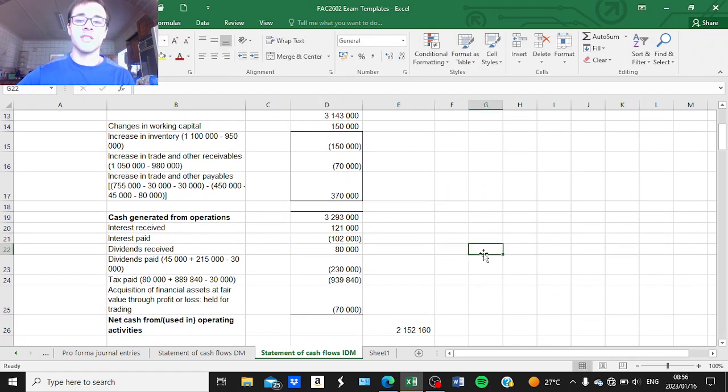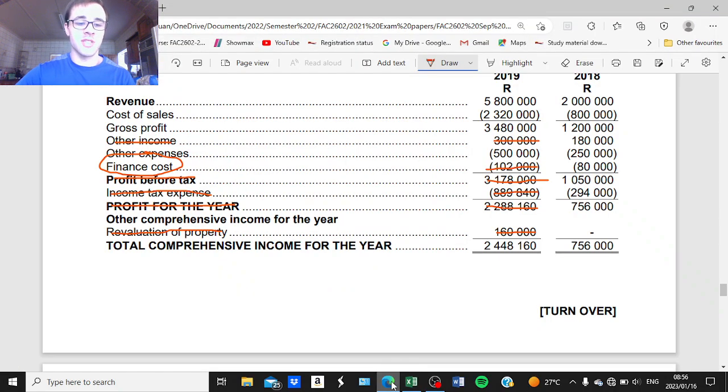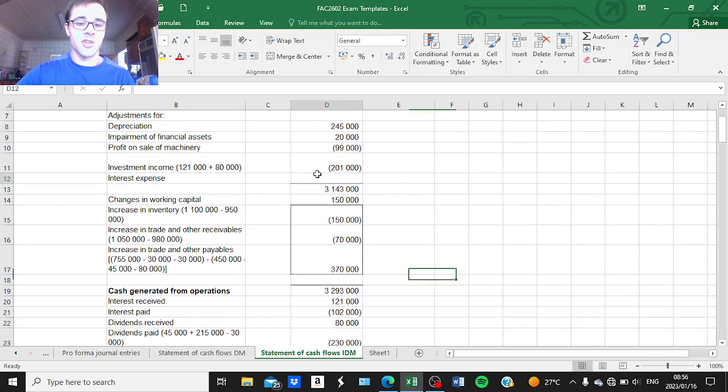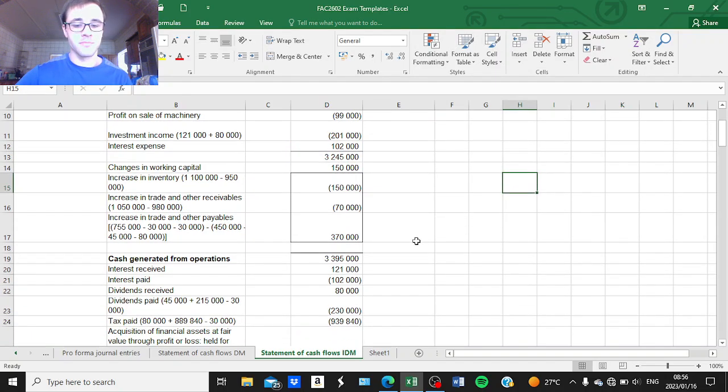And once again, this is an expense item that is included in the profit before tax, but in respect of which the cash flow is shown separately. So therefore, we have to remove finance costs from the profit before tax amount. So interest expense must be removed. We are removing an expense item, which means that we increase the profit before tax amount.